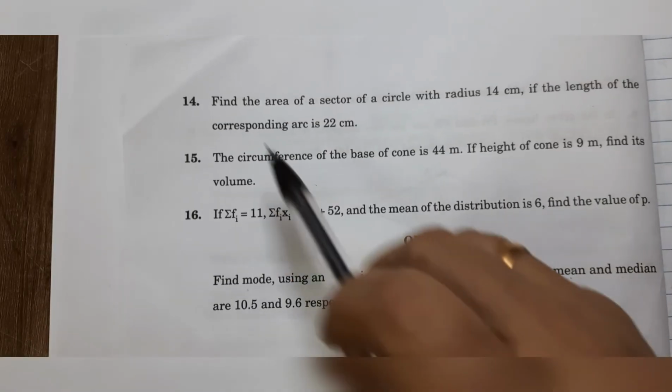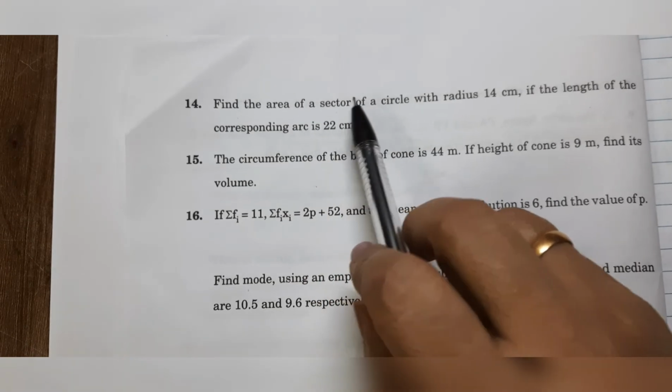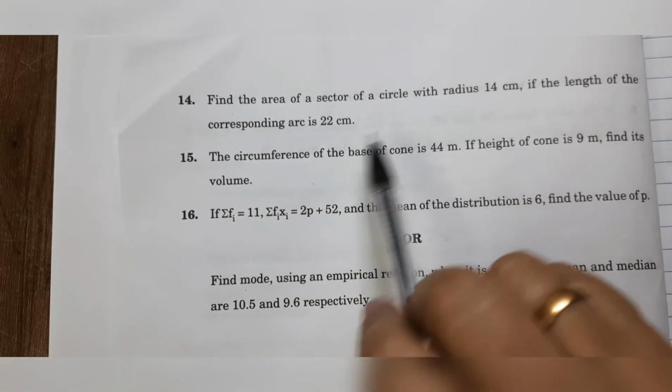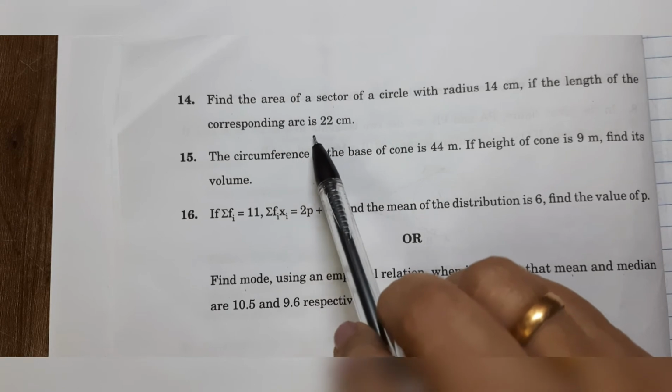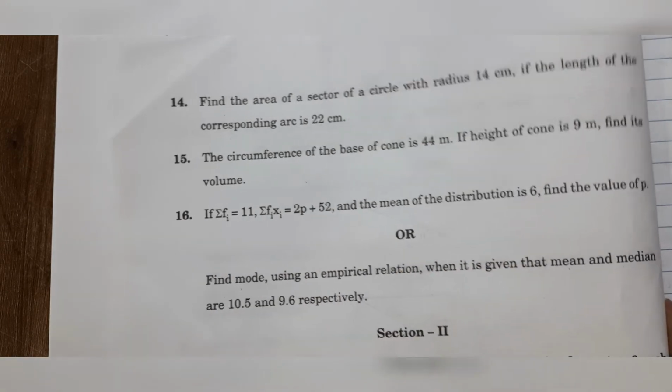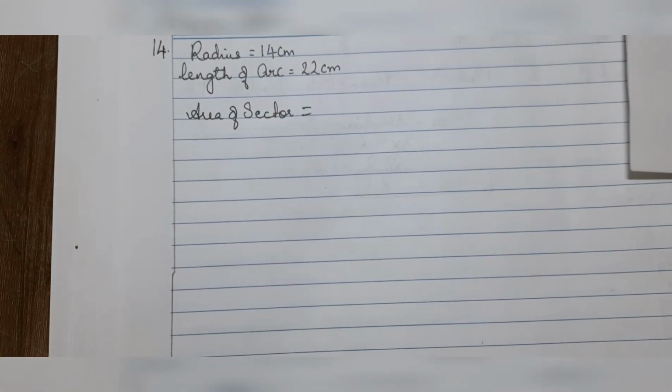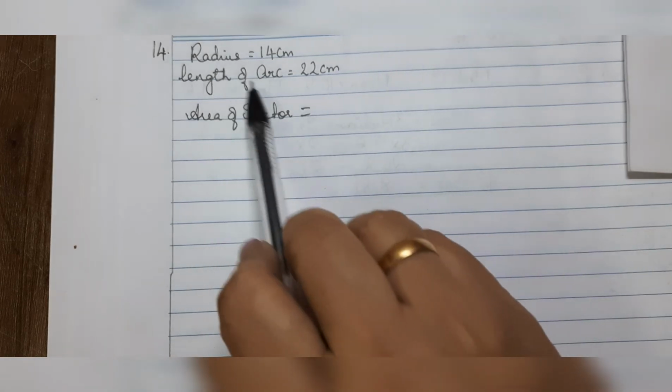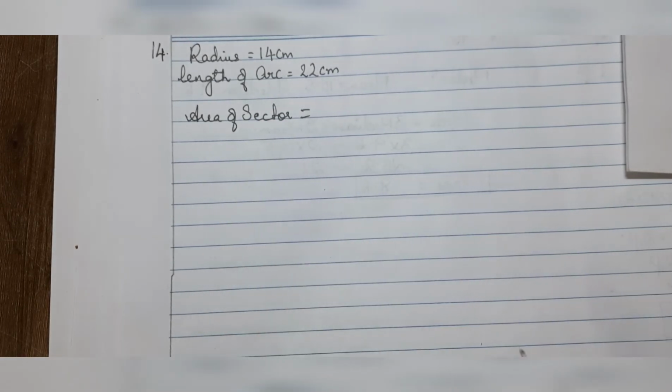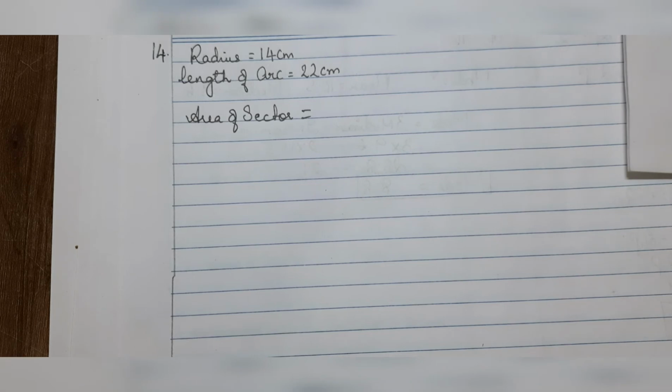Next 14th question. Find area of the sector of circle with radius 14 centimeter and length of the corresponding arc is 22 centimeter. So we know here given area of the sector is theta by 360 pi r square.